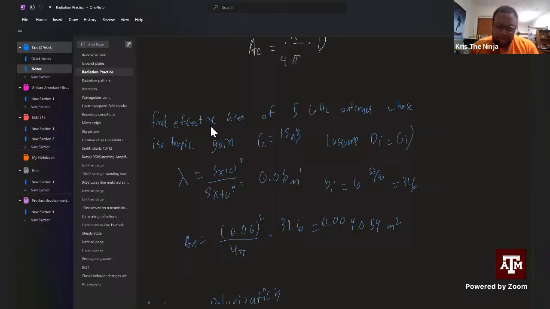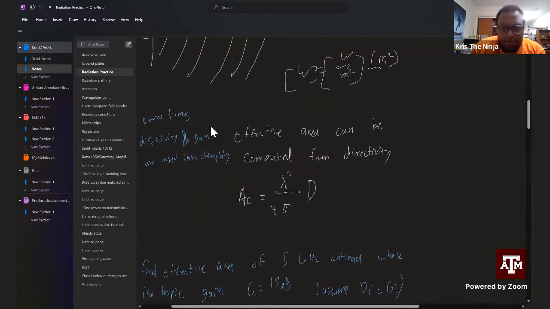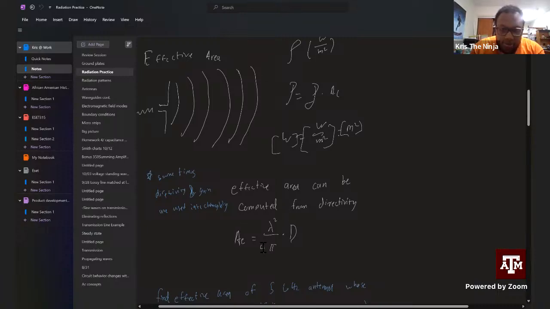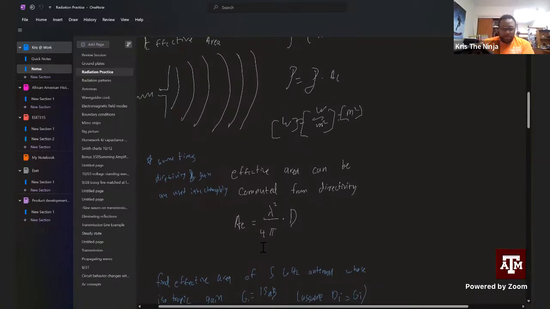So what I was saying was effective area. Basically all of this is effective area, but it's easiest calculated depending on the information you're given.